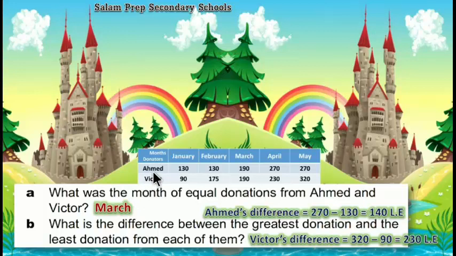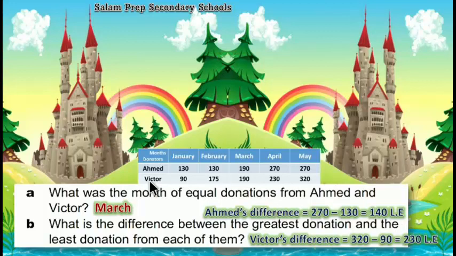The greatest number is 270. The smallest number is 130. So Ahmed difference equal 270 minus 130 equal 140 pounds.